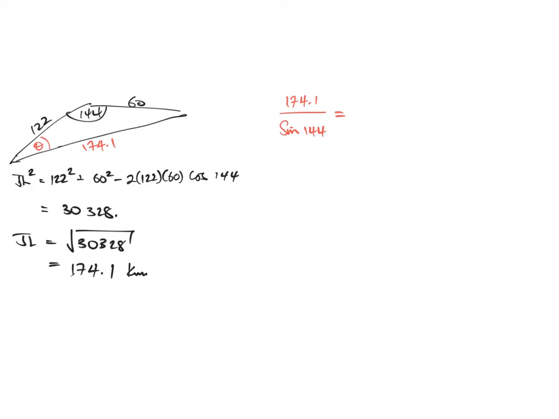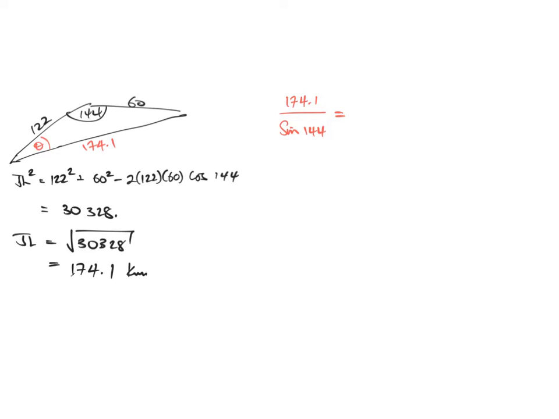That is equal to... you always pick sides and angles that you know or you want to find. So I already know that side and the angle opposite it, so that's easy. I will not touch this 122 because it's only this angle that goes with it, and I don't need that angle. I need this angle here. So I will have to use the 60 and this angle down here.